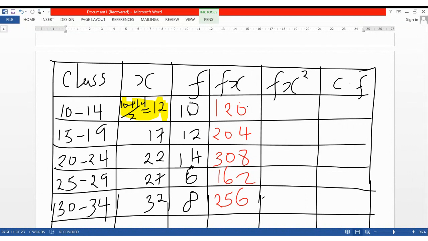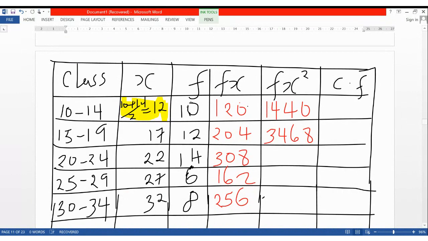10 times 144 gives 1440. 17 squared times 12 is 3468. The other one is 22 squared times 14, that is 6776.